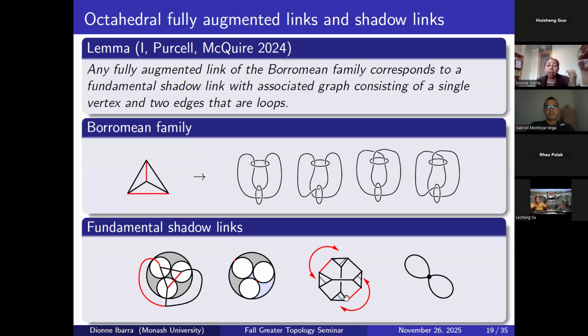But that is associated to having one building block in a fundamental shadow link, where you're gluing these two faces and these two faces together, which corresponds to this graph. And in particular, again for fundamental shadow links, when you glue, you actually have a choice.